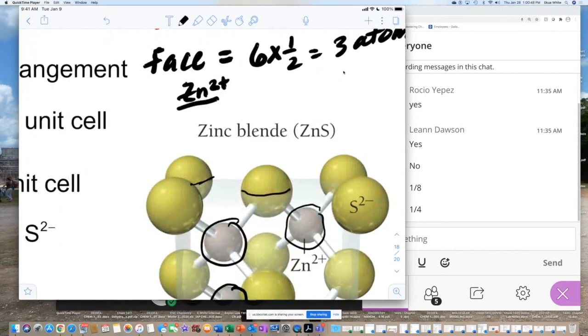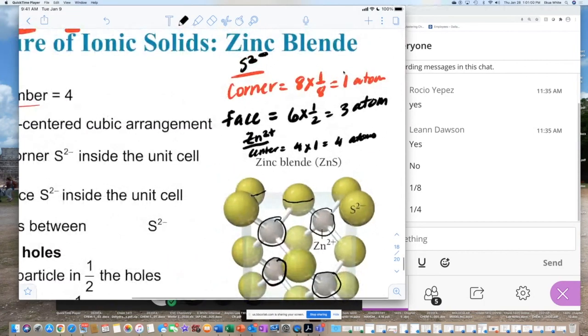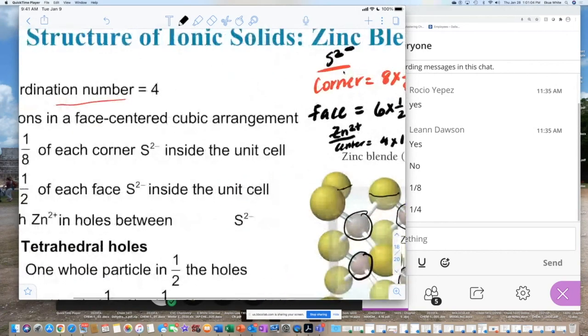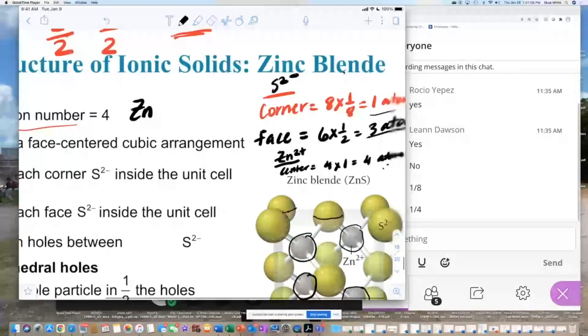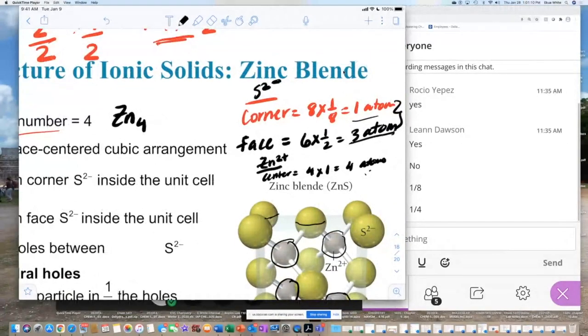Okay, so it looks right here that I have center pieces, and I have 4 of them. So 4 times 1, I end up with 4 atoms or ions. Okay, so we have 4 total here, and we have 4 here. So as usual, you write Zn4S4.